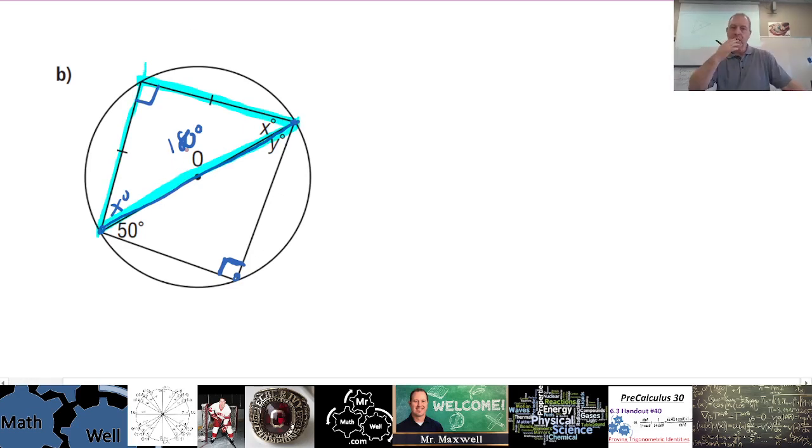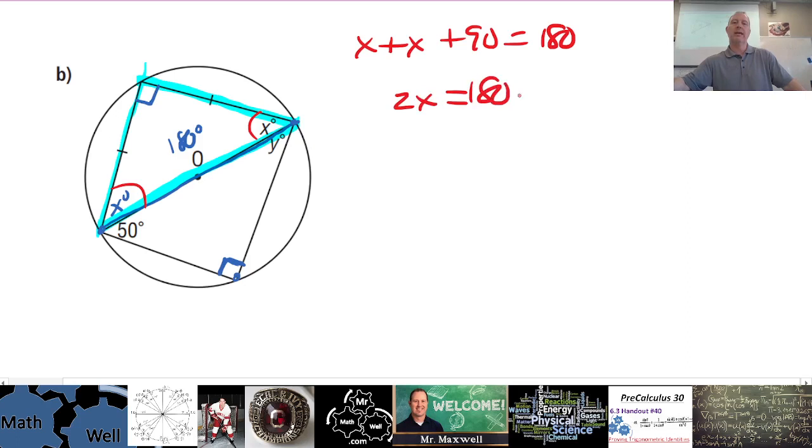If this is 90, these two angles have to add up to 90 as well. So what is x? x plus x plus 90 equals 180. So 2x equals 180 minus 90. x equals 90 divided by 2, 45 degrees.